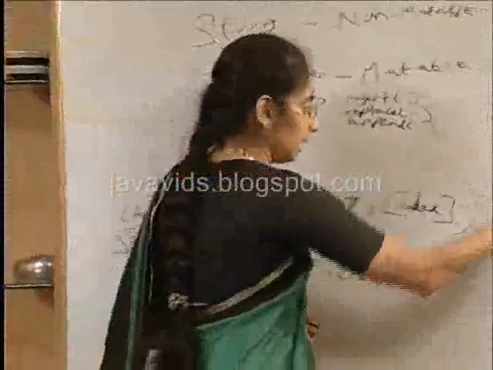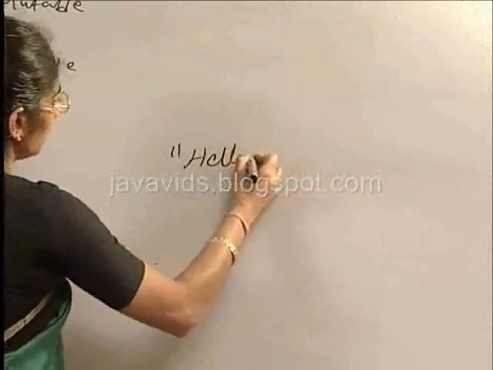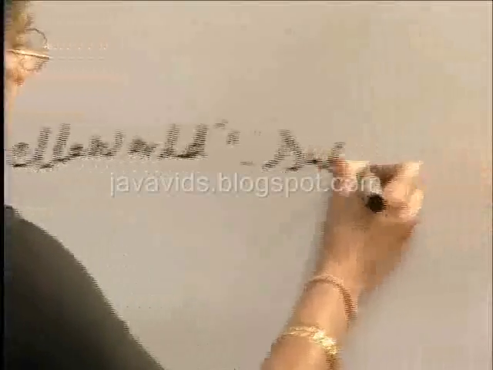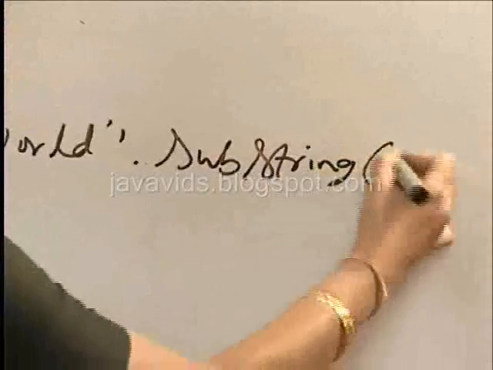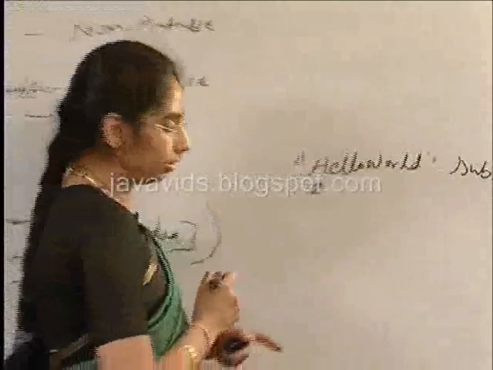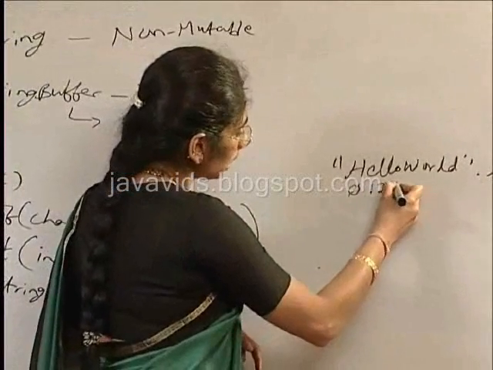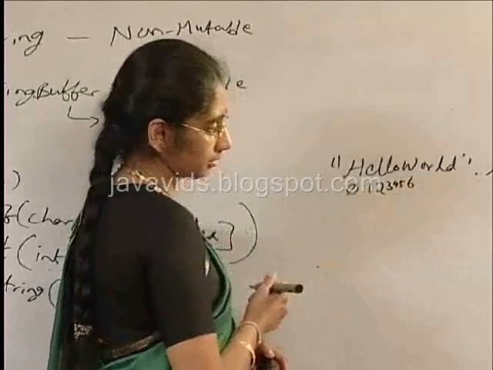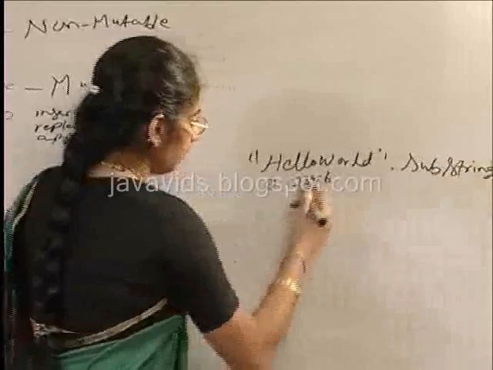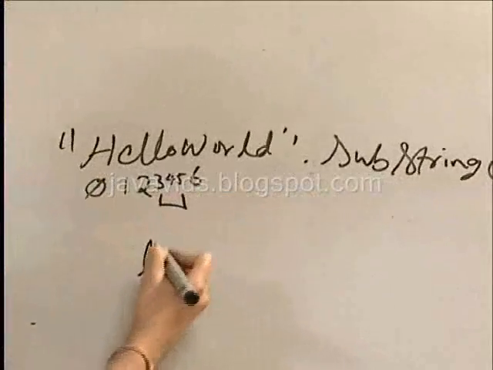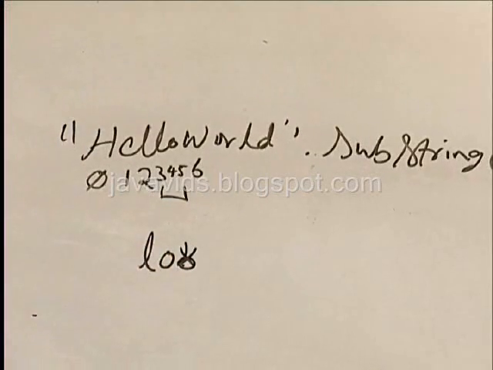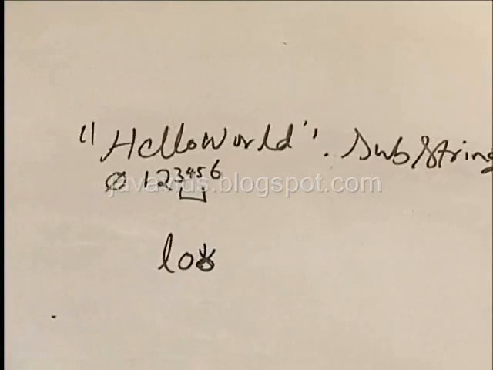For example, if I have a string called hello world, and on this string I do a substring 3, 6, remember the index starts with 0, 1, 2, 3, 4, 5, 6. So we start with the third position, end is end minus 1, so up till the fifth position, so you get an L, O and a space as a return value. This is the substring function.